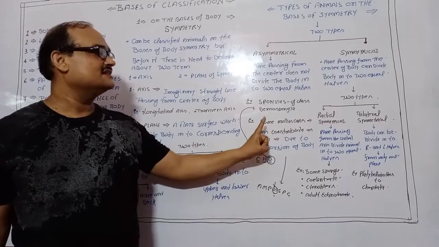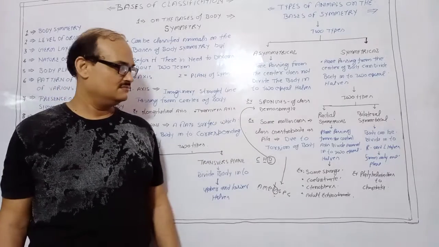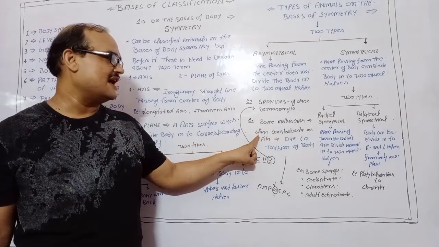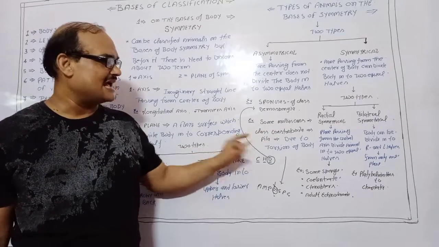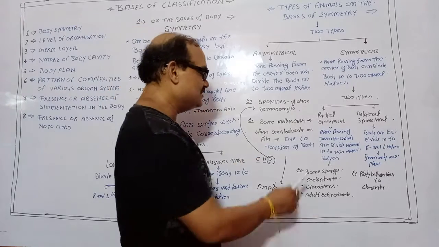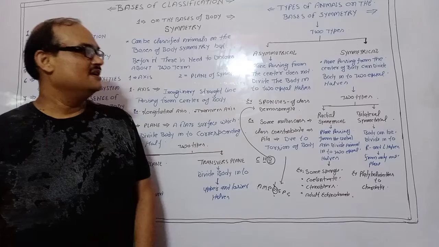Similarly, some gastropods, means some molluscans in class Gastropoda such as Pila, are also asymmetrical due to torsion of the body.